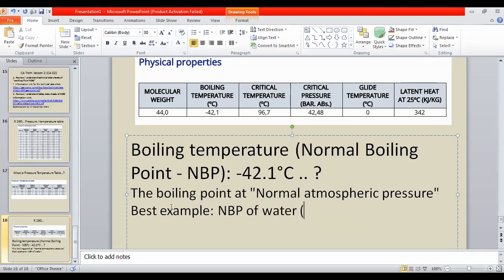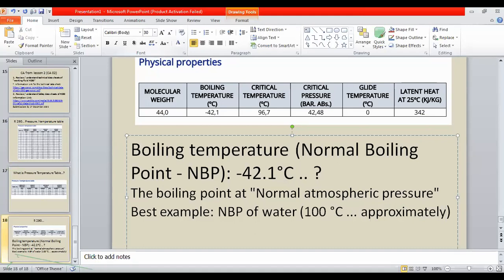We generally say 100 degrees Celsius, approximately. This may be 100 point something.